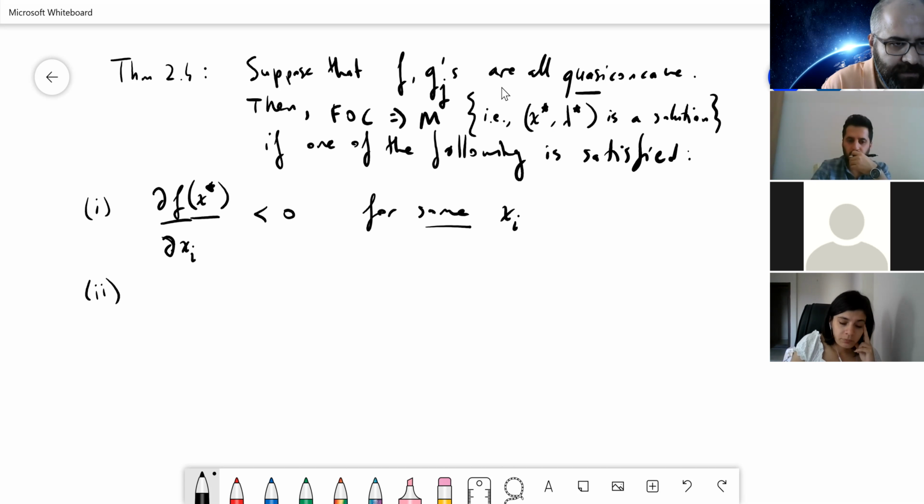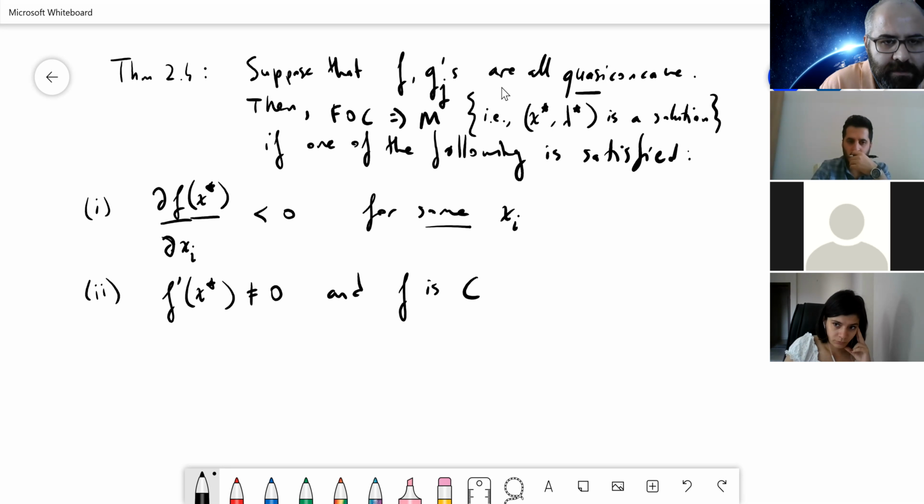instead of quasi-concavity, we require that f prime x star is different than 0 and f is C2.